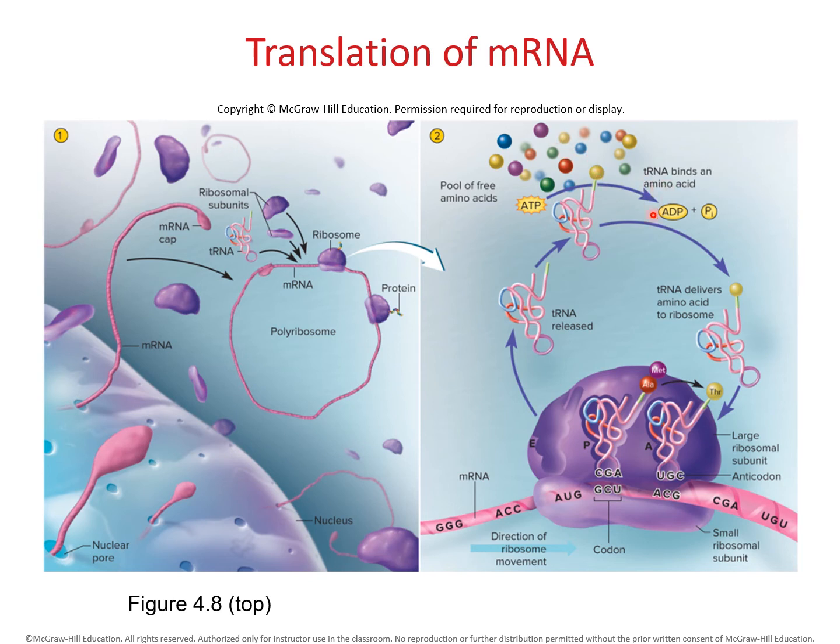Once it binds to an amino acid, it's going to come over here to the ribosome. The tRNA is going to deliver the amino acid it's carrying to the ribosome. This way, the ribosome has an amino acid to start building an amino acid sequence.